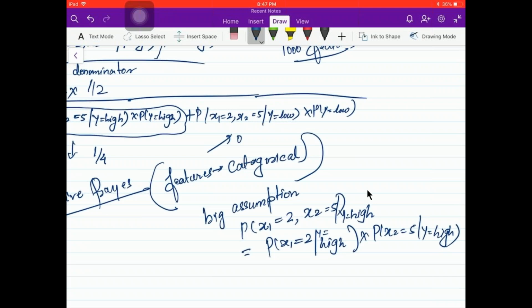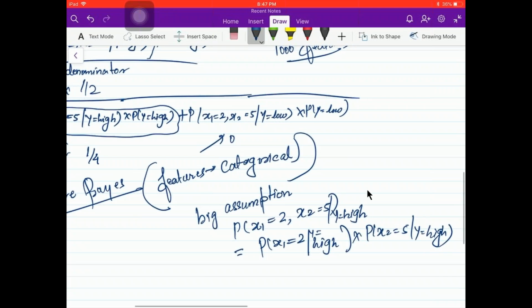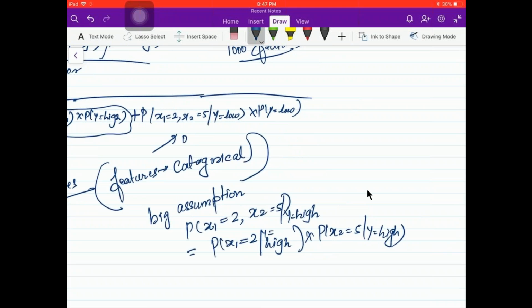So this is the assumption of independence. The basic formula of probability is that the probability of x and y is equal to the probability of x into the probability of y if x and y are independent. Do you know this? Yeah, you know.